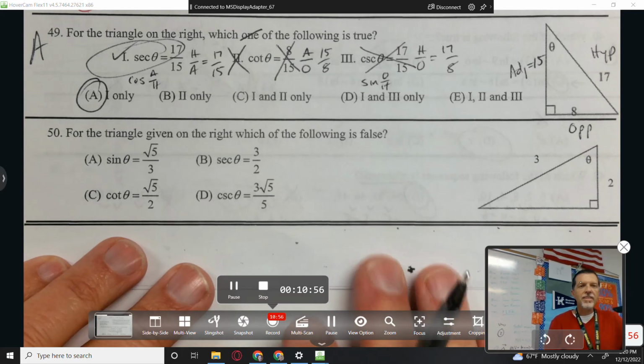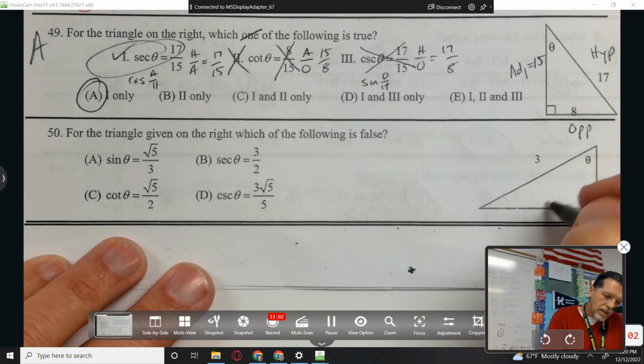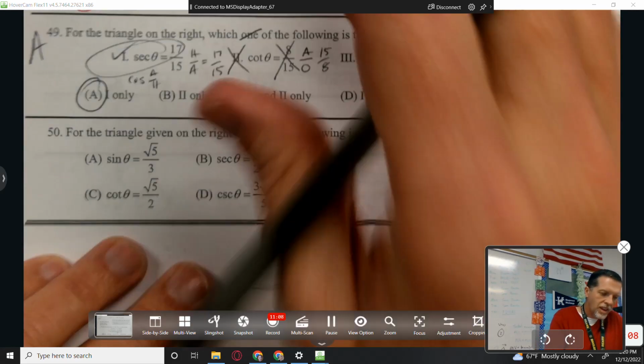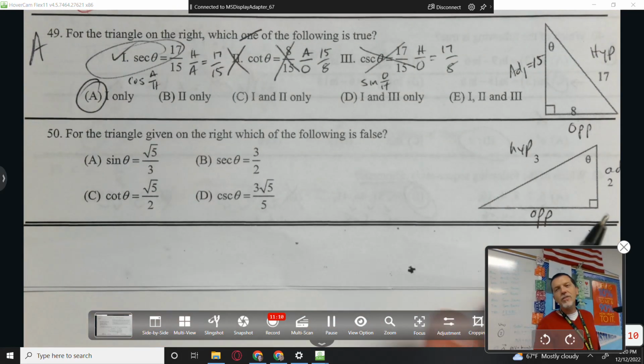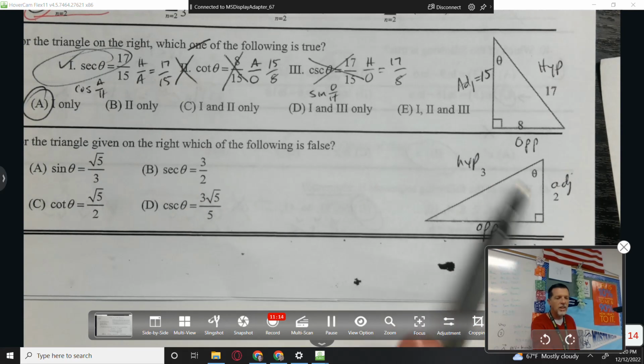And then lastly, for the triangle given on the right, which of the following is false? Again, I'm going to label my opposite and adjacent and hypotenuse. And if I had a nickel for each person that thought this was a Pythagorean triple of some sort, I wouldn't be wealthy, but I'd have a lot of nickels. How do I find the opposite side?